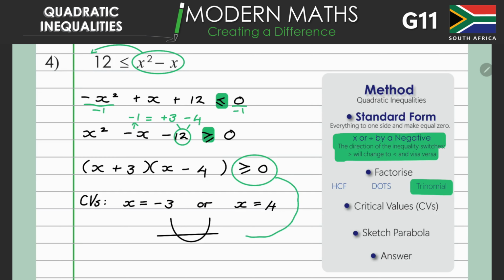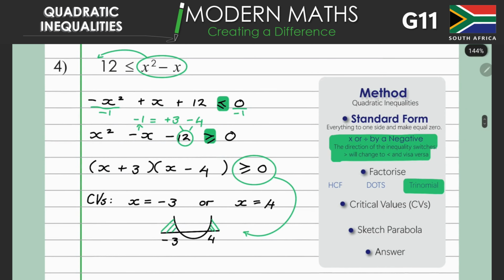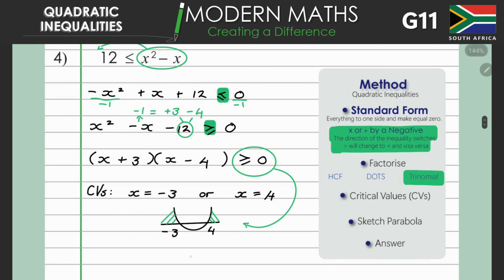We're dealing with the greater than 0 inequality. So, as we've seen quite a lot in this video, we're going to shade the outskirts of the parabola. Once we shade the outskirts, we can plot our CVs, lower on the left, higher on the right, and finally we can form our solution.